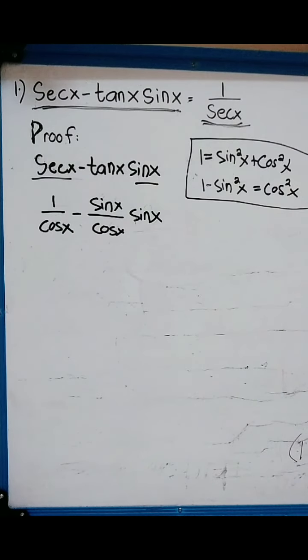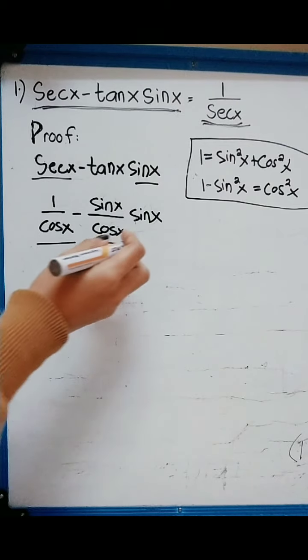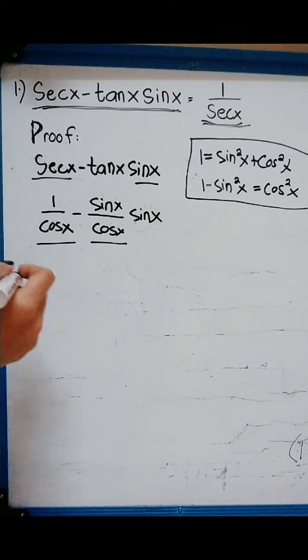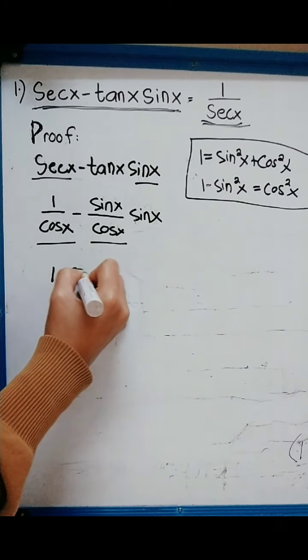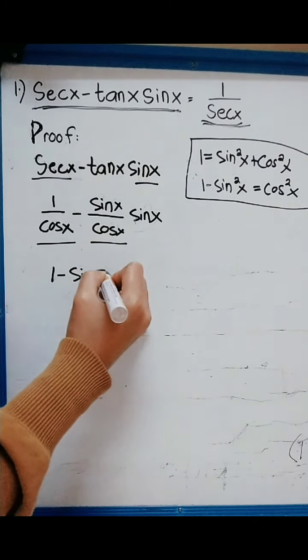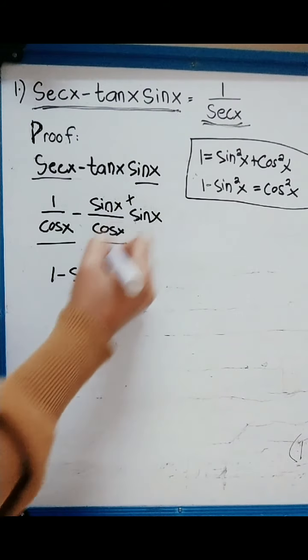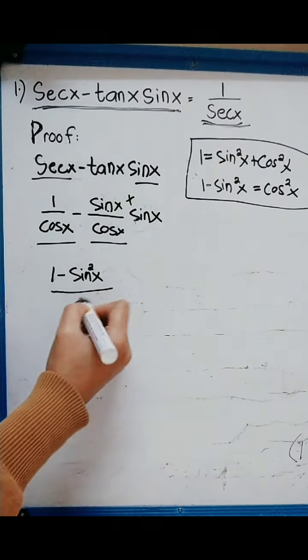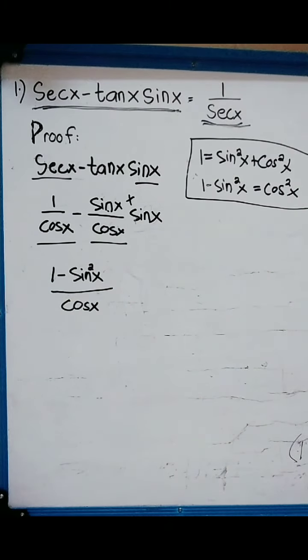So it looks like we can combine these two terms because they have the same base, both cosine x. So magiging 1 minus sine squared x, kasi pinag-times natin to, so magiging sine squared x, and then all over cosine x.